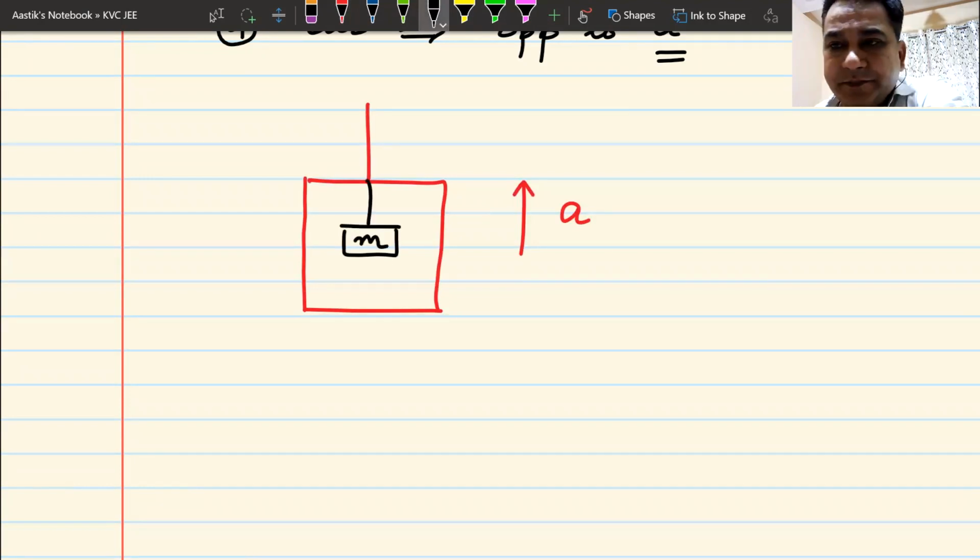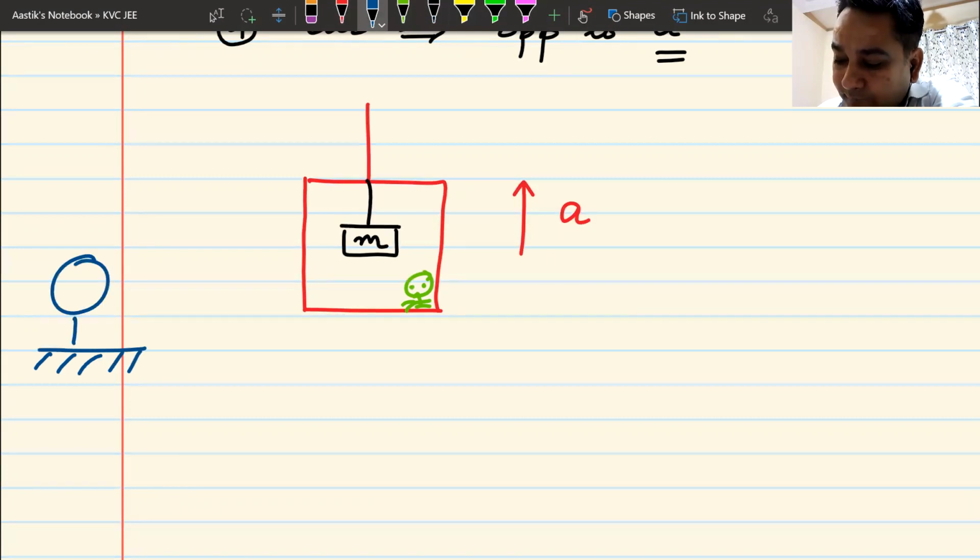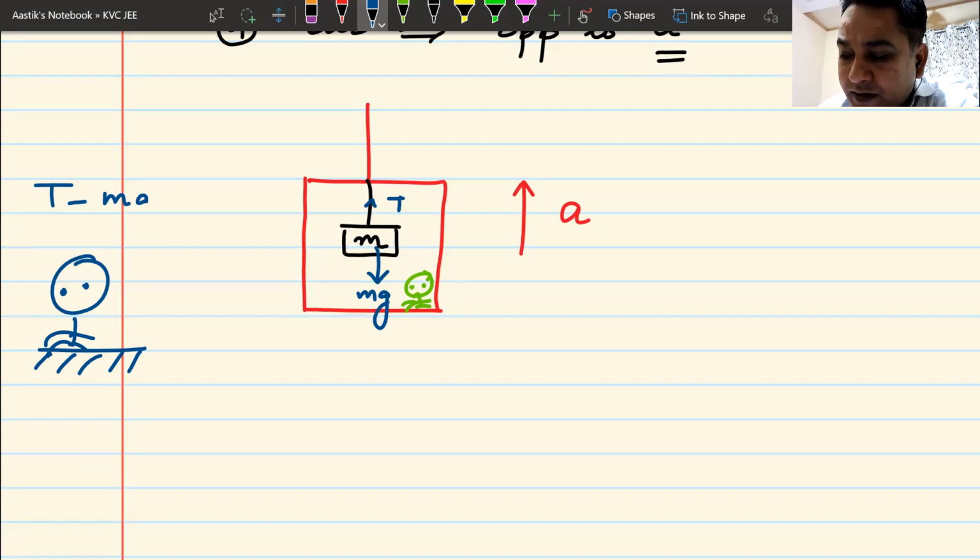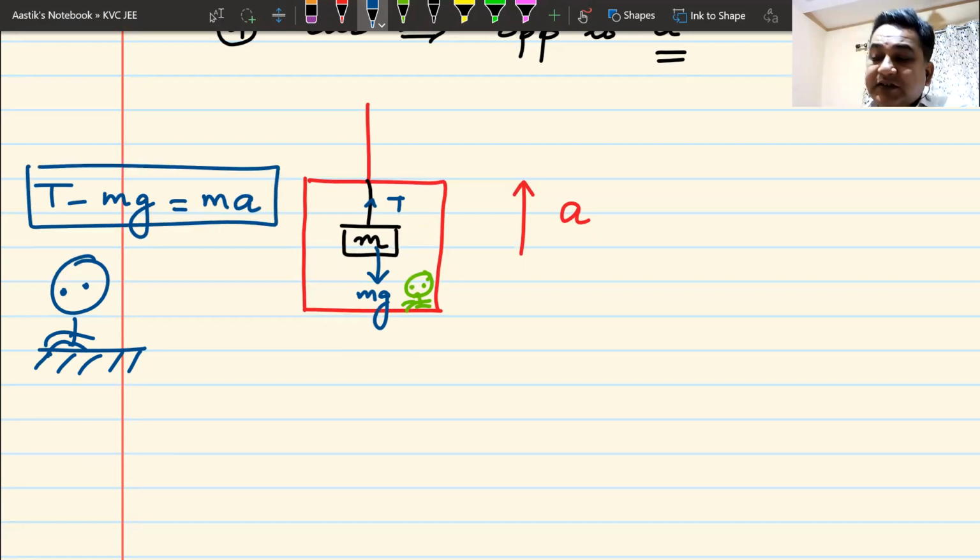I had this mass M, and I had this green Hulk and this blue Hulk. Let us first understand what equation the blue Hulk wrote. He said T upwards, mg downwards, acceleration upwards. So he wrote the equation as T minus mg, upwards minus downwards, is equal to m into a upwards. This is the correct equation which was written by the blue Hulk.